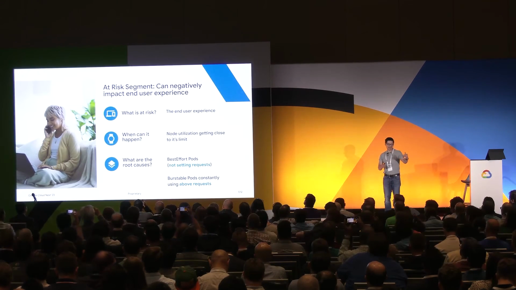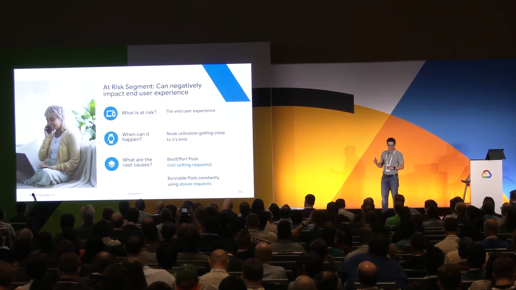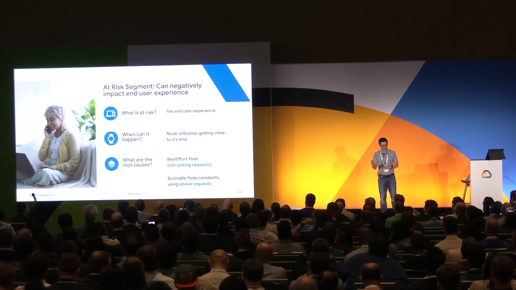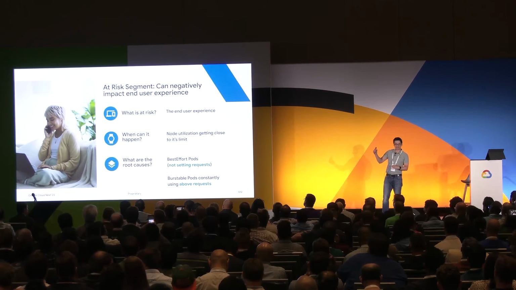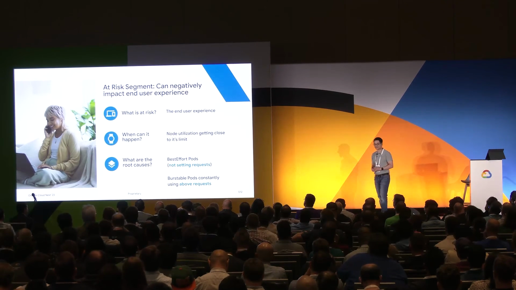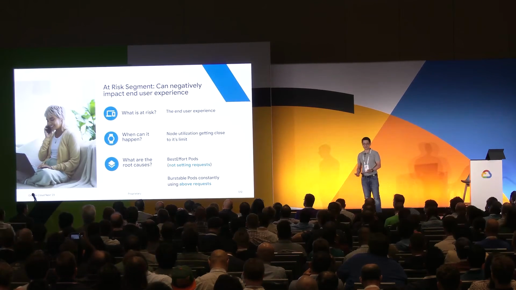Going back to this last segment that we carved out: not only is cost allocation impacted, the reliability could be impacted, with a negative user experience that could potentially happen. Because when a node gets to its limit, if it's a best effort workload, which is a workload that does not set requests, it's unfortunately the first to go when the kubelet needs to protect itself.